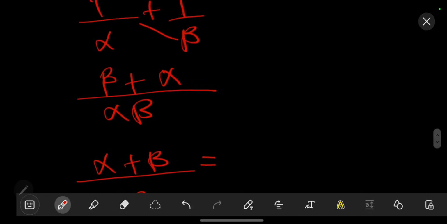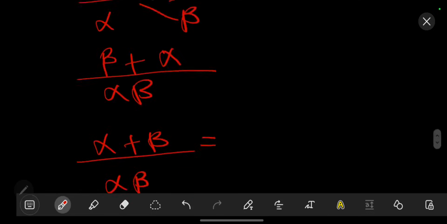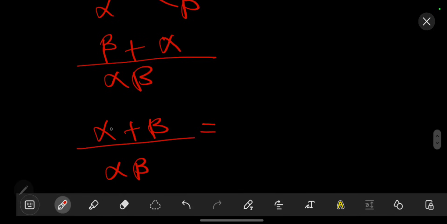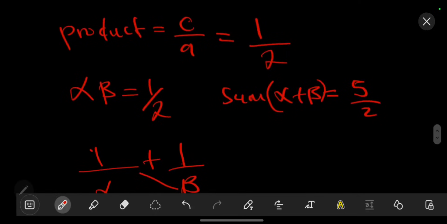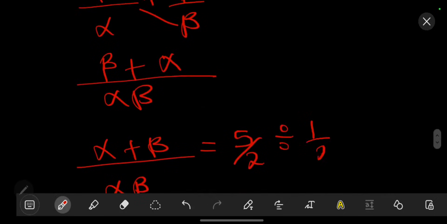Now we know that alpha plus beta, which is our sum, is equal to 5 over 2. So wherever we see sum, which is alpha plus beta, we are going to say 5 over 2. Then we are going to say divide by alpha beta. This will give us a value that is equal to 1 over 2. So we are going to say divide by 1 over 2.